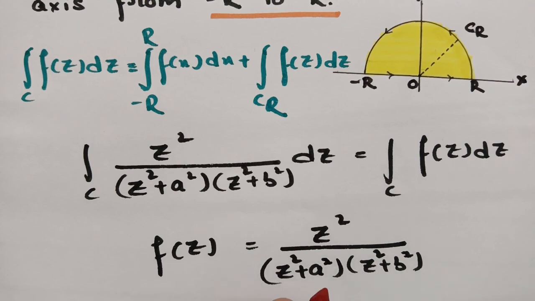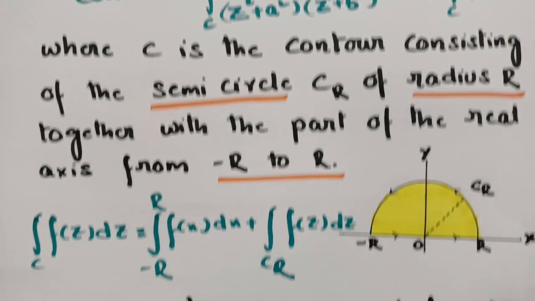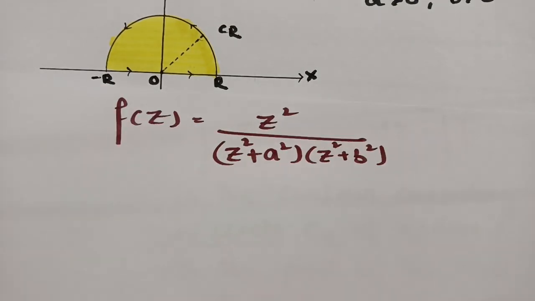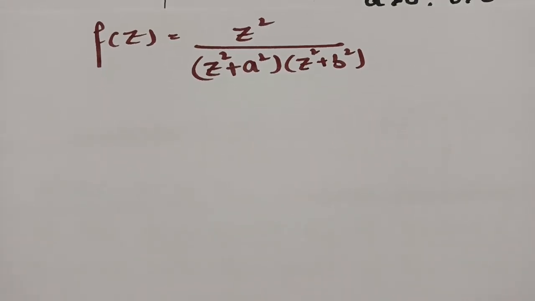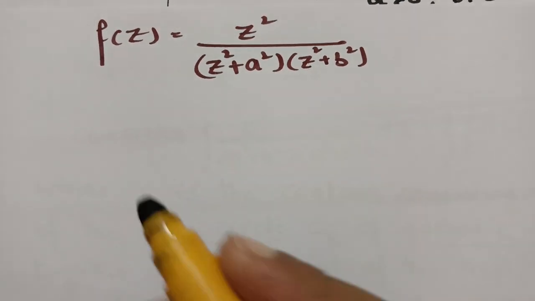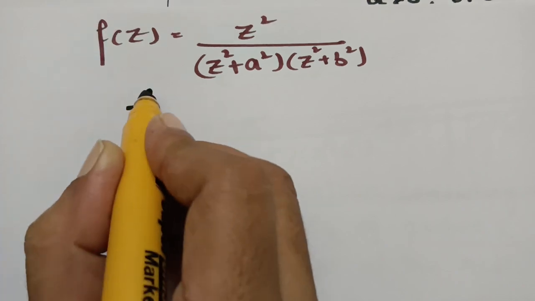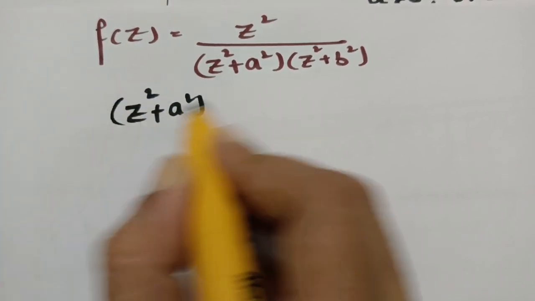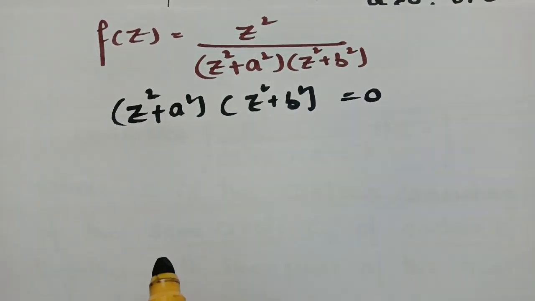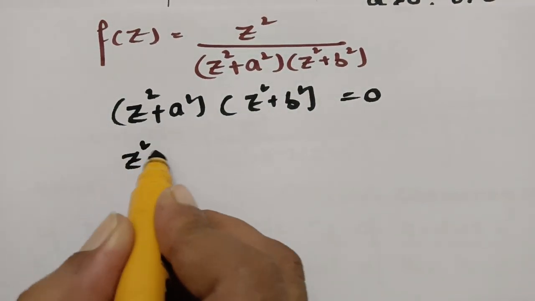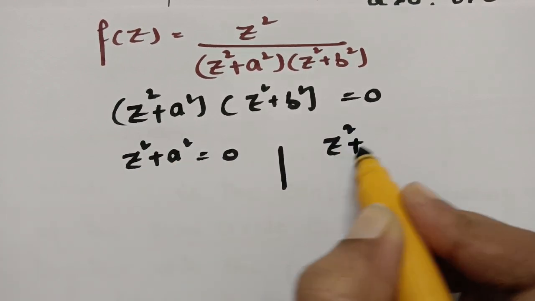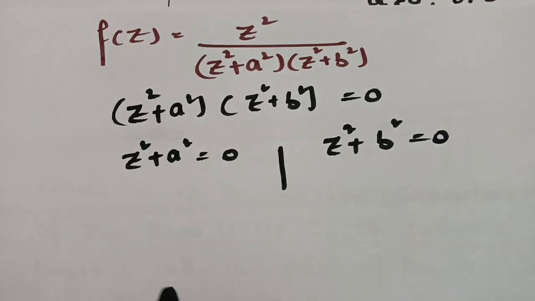Clear? First of all, we have to find the poles for the function. In order to find the poles, we have to equate the denominator to 0. The denominator is (z square plus a square) into (z square plus b square) is equal to 0. So z square plus a square is equal to 0, and z square plus b square is equal to 0.